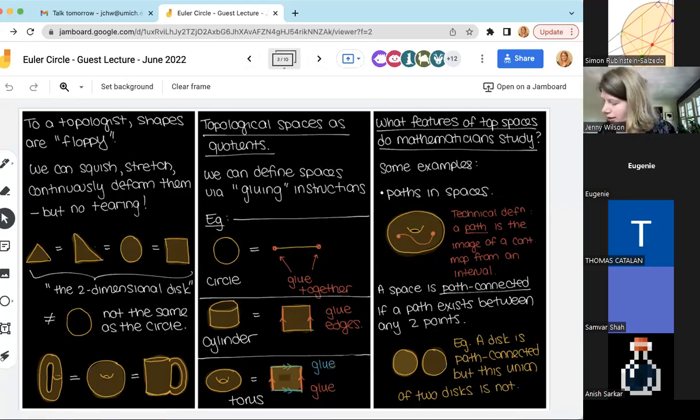One way a topologist can prove that, if they're so inclined, is that it's a fact, and I think this is not totally obvious, that every single loop in the disk is trivial. Any loop in the disk is the boundary of a disk. In contrast, the circle has a non-trivial loop.